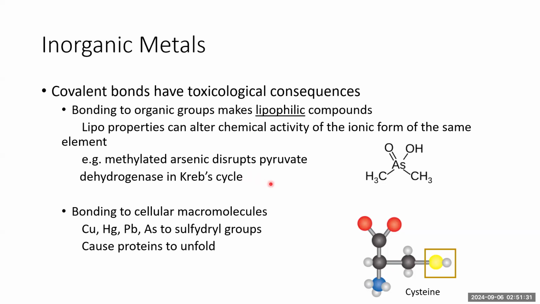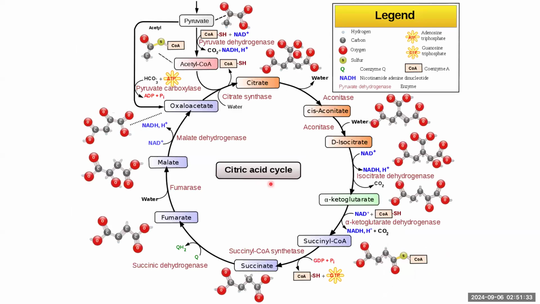Well, pyruvate dehydrogenase is one of our entry enzymes into the Krebs cycle. So if you don't have pyruvate dehydrogenase, you have a really hard time making enough acetyl-CoA to do the Krebs cycle. So you're missing out on all of the oxidation and all of the electron carrier creation that happens in the oxidation of acetyl-CoA. You miss out on all that.